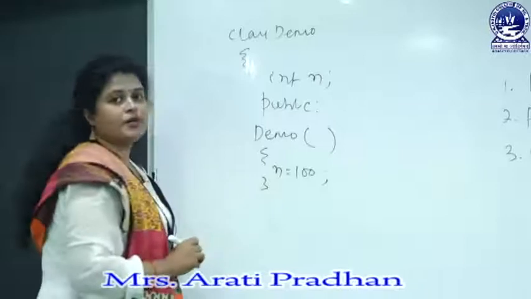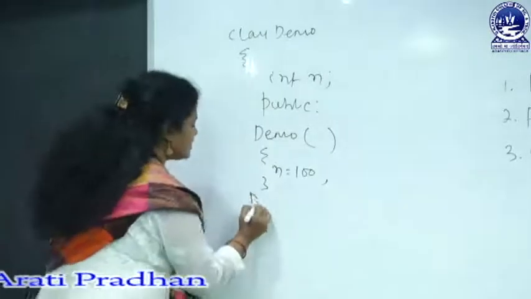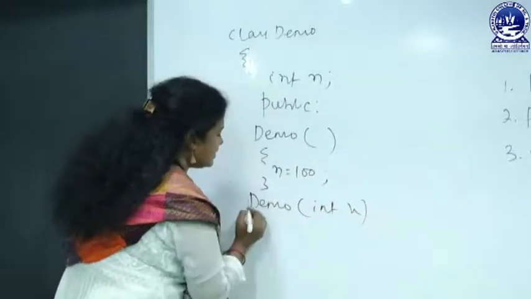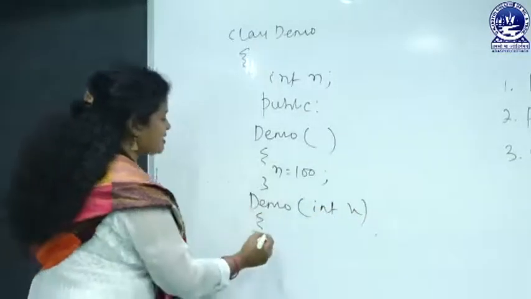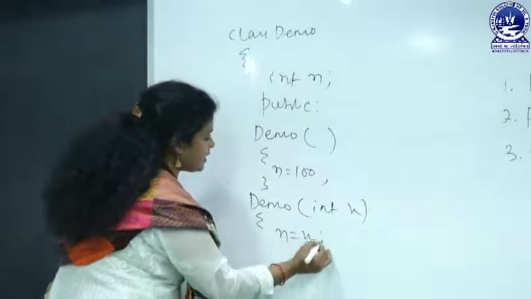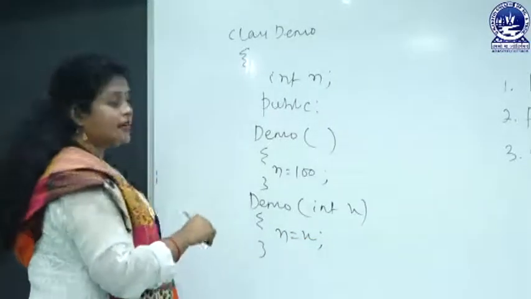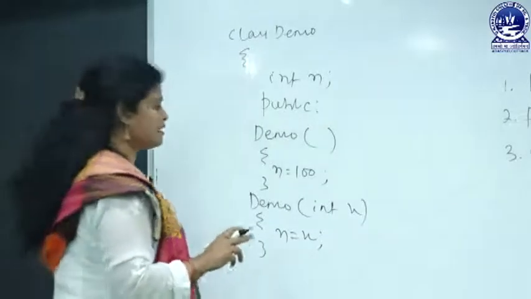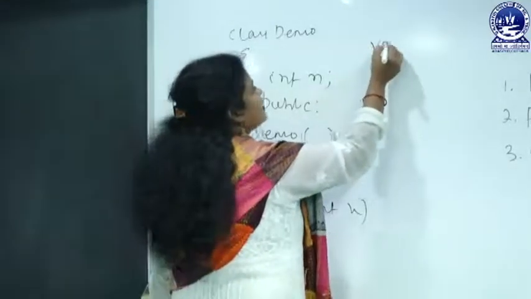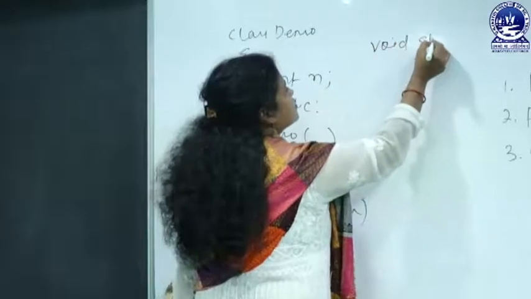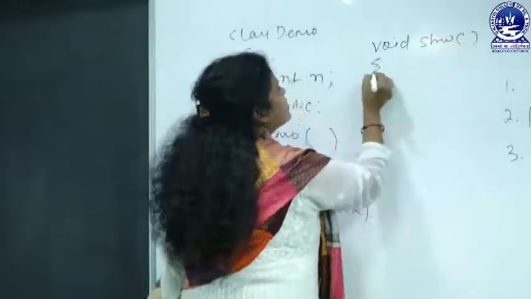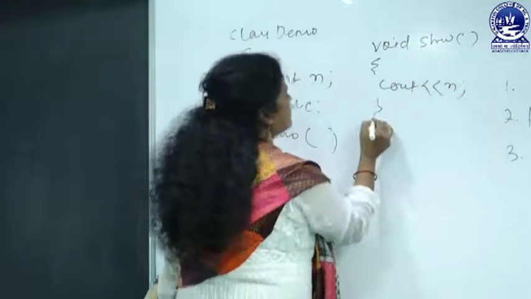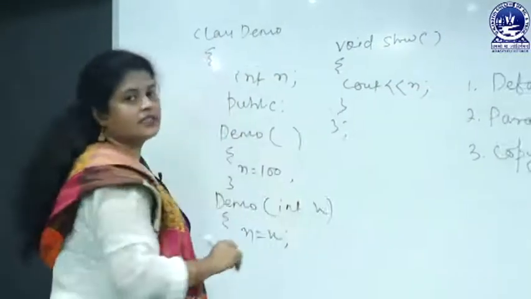Then again I am using one parameterized constructor demo(int x), inside which n equal to x. Here I have used two constructors, one default and another parameterized, and I have used one void show method, in which I just display the value of n. This is all about the class demo.